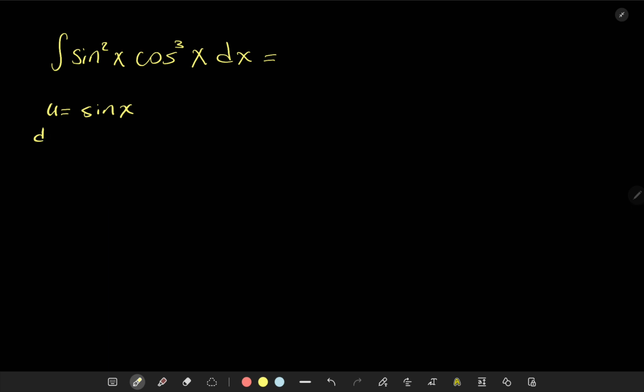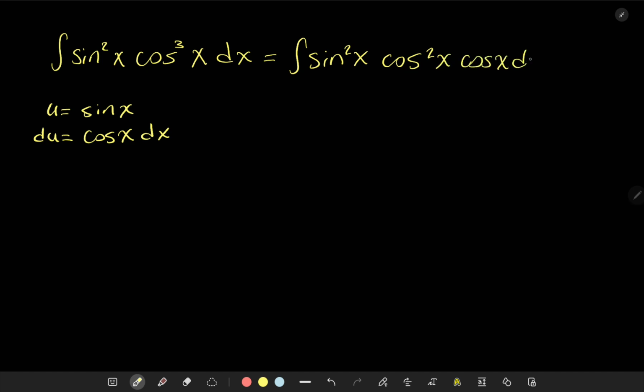But what happens if I make my u equals sine substitution? I get that du becomes cosine, and so let me separate a cosine out of here. So we get that.